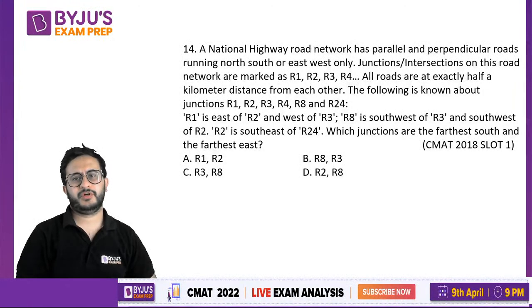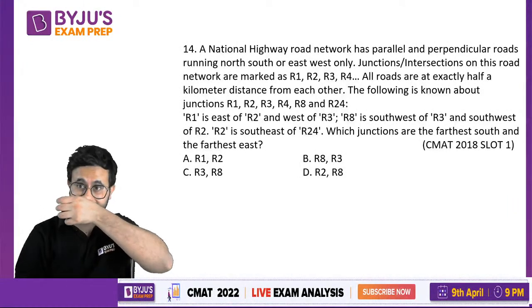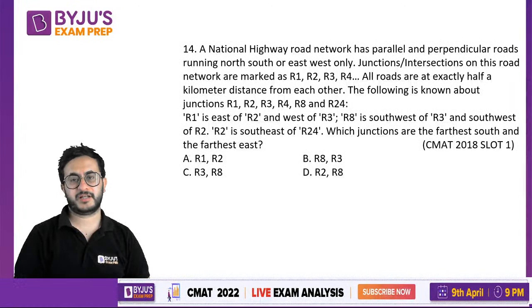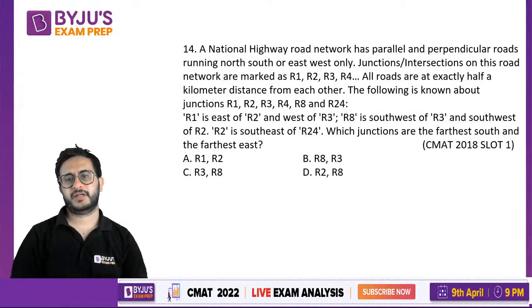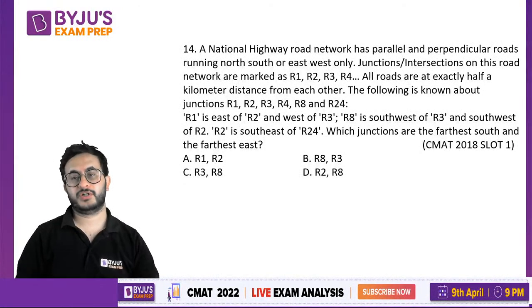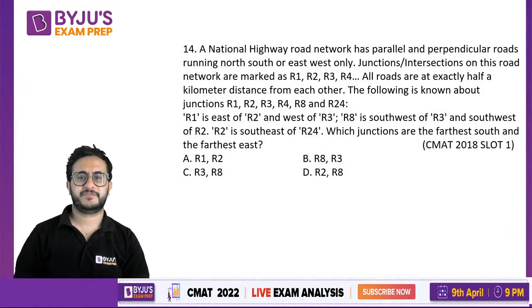A national highway road network has parallel and perpendicular roads running north, south, or east, west only. Junctions are marked as R1, R2, R3, R4, and so on. All roads are exactly half a kilometer distance from each other. Okay, and the following is known about these junctions.